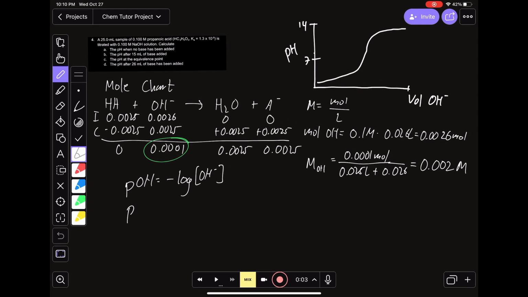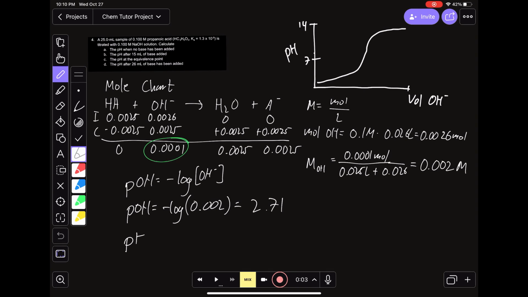Plug that into our pOH equation. It's equal to negative log of 0.002, and we get our answer on pOH, 2.71.